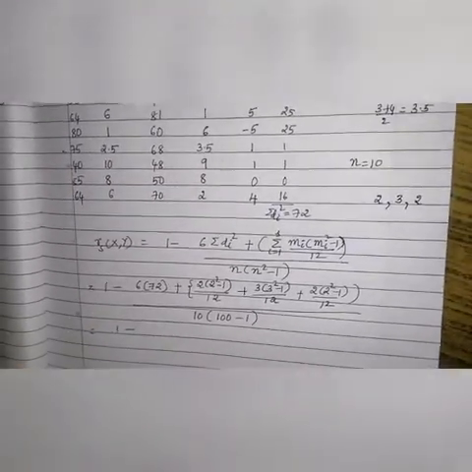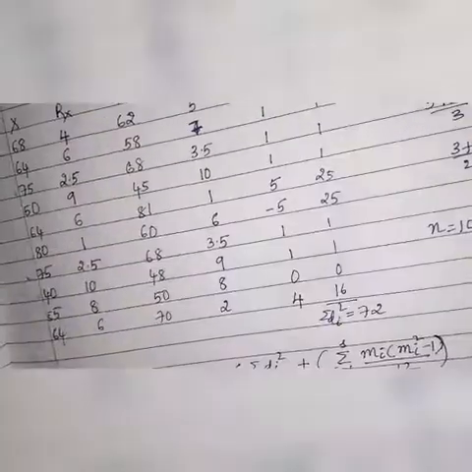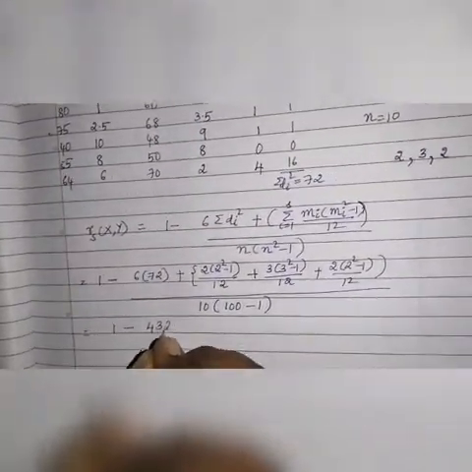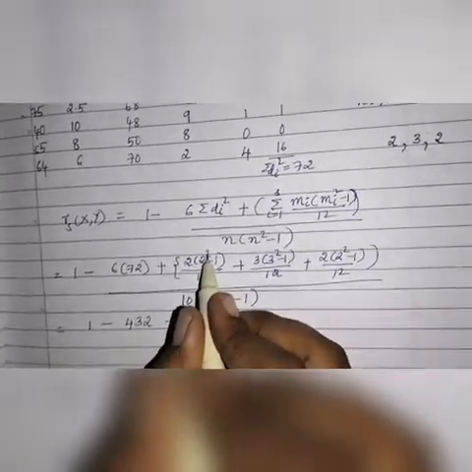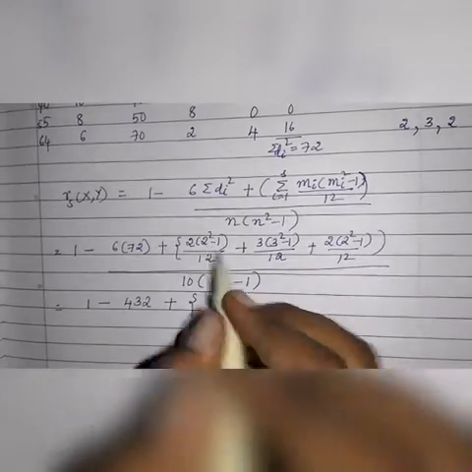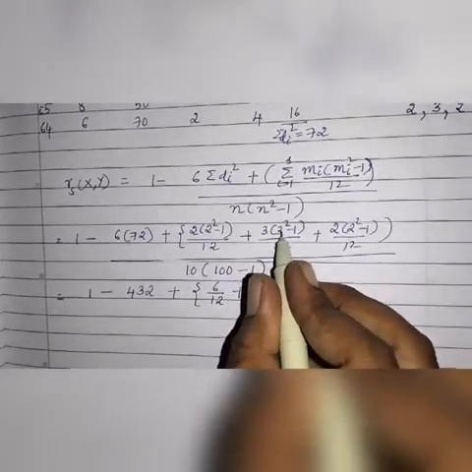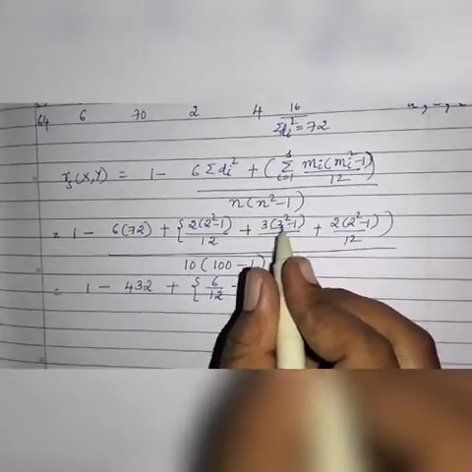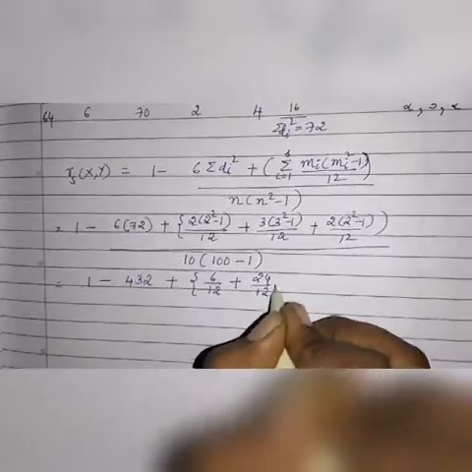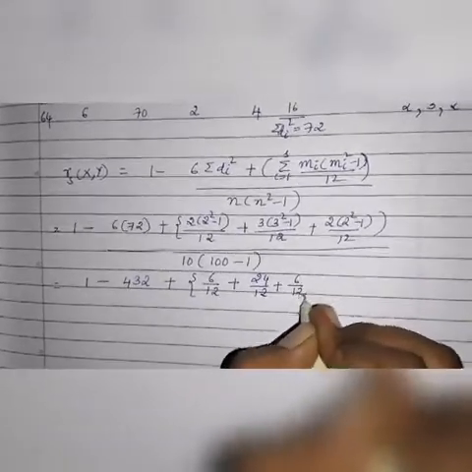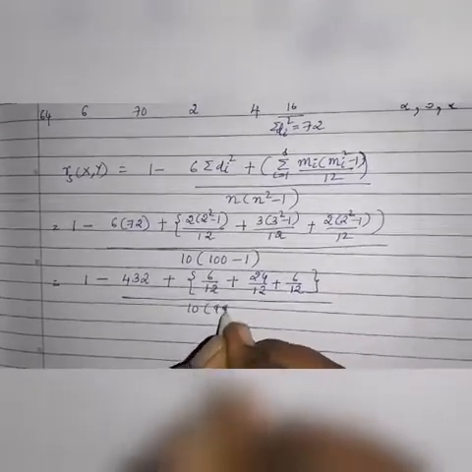1 minus 6 into 72 is equal to 432. 432 plus 2 into 2 square. 2 square is 4, 4 minus 1 is 3. So 2 3s are 6 by 12, plus 3 into 3 square is 9, 9 minus 1 is 8, 3 into 8 is 24, 24 by 12, plus again 6 by 12, whole divided by 10 into 99.